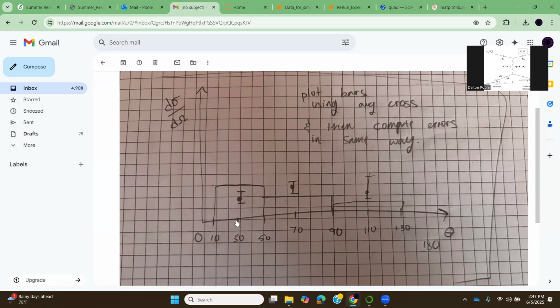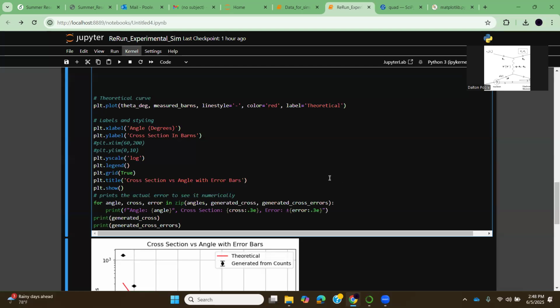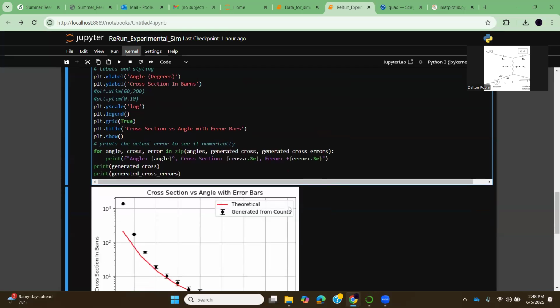So if we started at 30 degrees plus or minus 20, the bar will range from 10 to 50, with the centroid at 30 degrees, and then we plot our point with error bars in that bin. Same thing for 70 and 110, etc. So what I'm going to try to do now, hopefully, is make that happen.